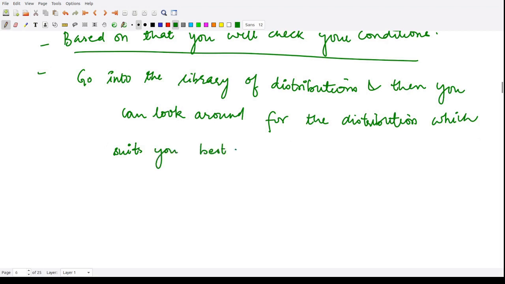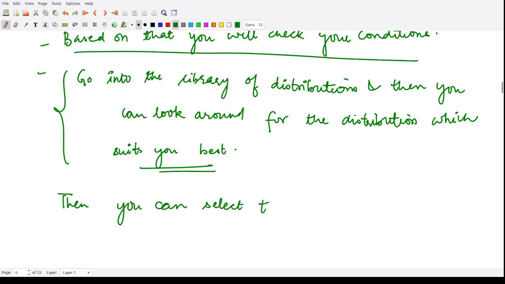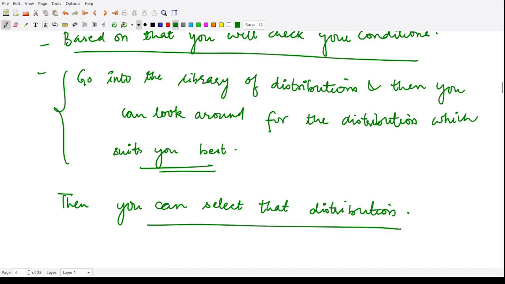You will check out the conditions available for the discrete or continuous case, and there are many conditions other than these also. You could check all that, and then select that distribution so that you can apply it onto your problem, and using the previous data you could now predict the future outcomes.